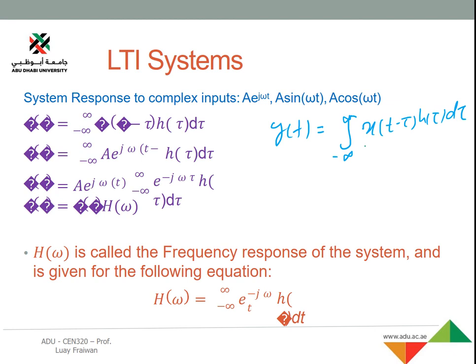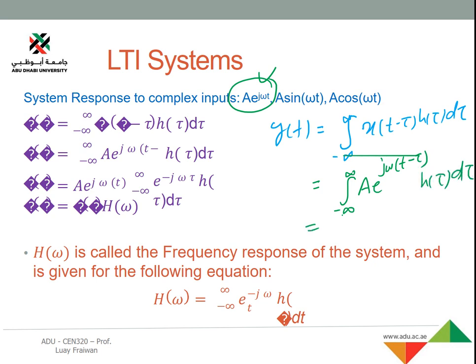Now let's say our input is this one, this complex exponential. In this case it will become the integral from minus infinity to infinity of e to the power j omega (t minus tau) into h of tau into d tau, right? A is just the magnitude. So in this system we are in the tau form, so I can take e to the power j omega t out of the integral.